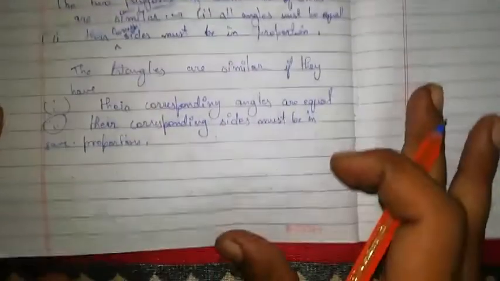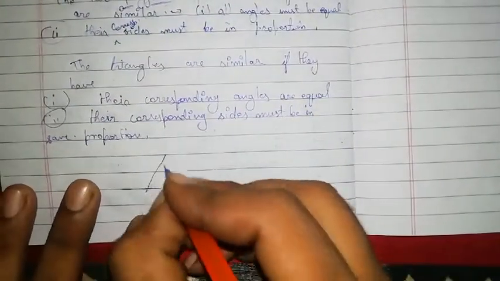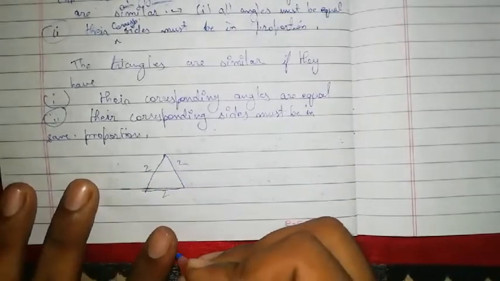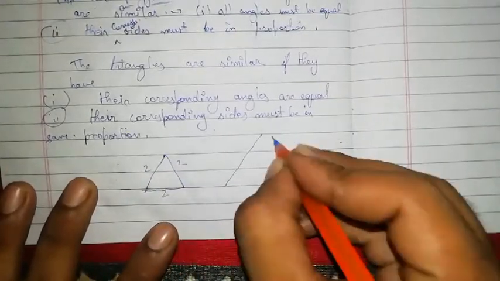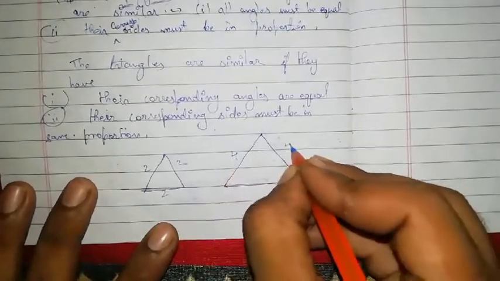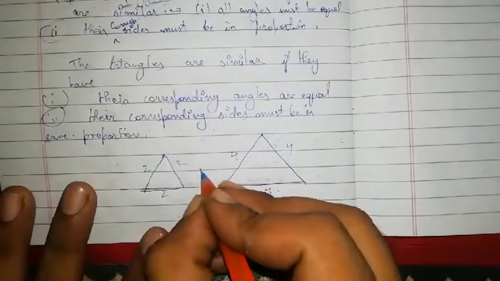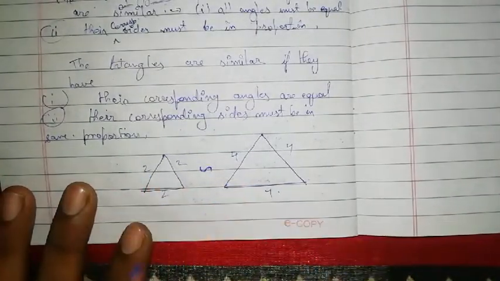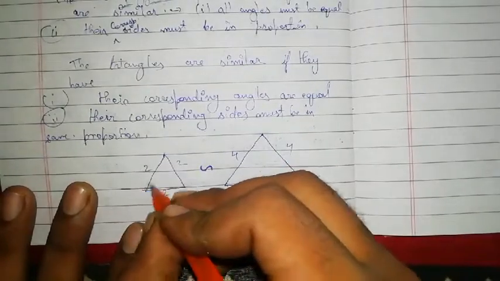Means an equilateral triangle of side 2 centimeter, this is 2, this is 2, this is 2, right, and an equilateral triangle of side 4, 4, 4. Both of these triangles are similar to each other. Why? Because their sides are in the same proportion. Look at this side.